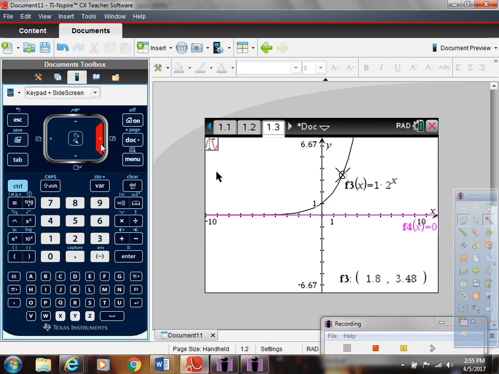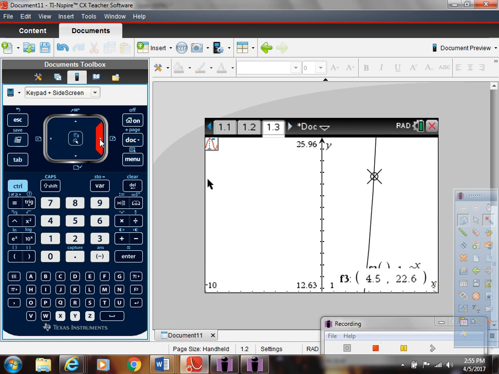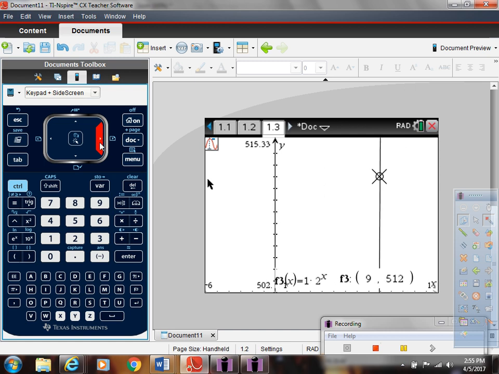Because look at these numbers right here. I want you to look at the x to see, does it ever get close to a specific number? So look at the x number, 2.7, and then 3.3. Look, it just keeps getting wider and wider. So that one doesn't have a limit.